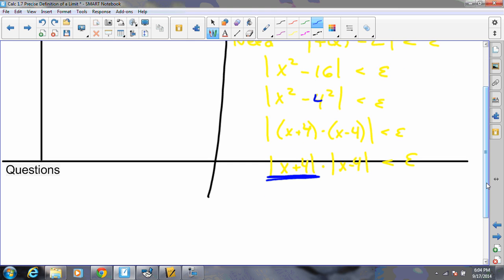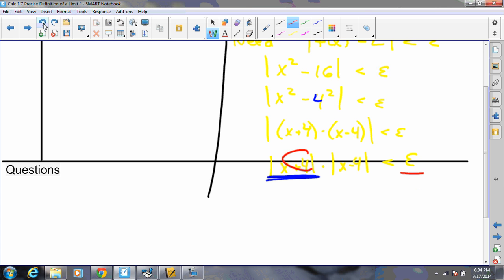What we would like to be able to do is somehow make a substitution so that we can replace the absolute value of x plus 4 with some constant number, say a c. Because if we could somehow replace this with a c, then we could just divide over and have epsilon over c, just like we were doing back in problem number 2.